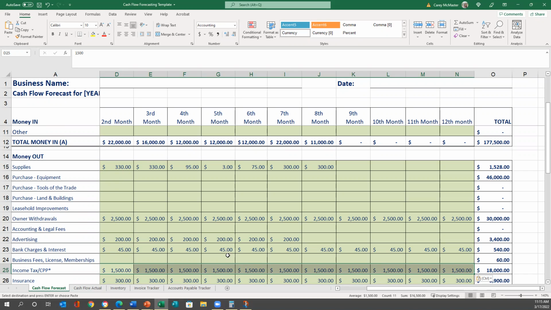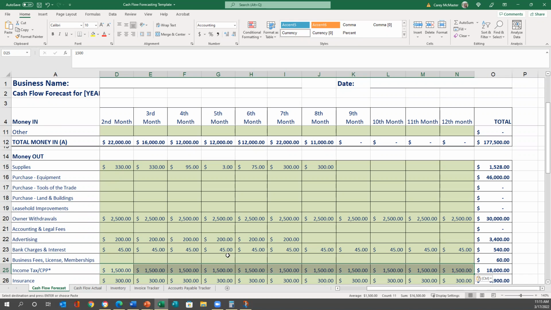And how I use that to manage my cash flow is when I invoice clients and I collect the HST, I put that into the savings account. And then every month I put in what I anticipate I would have to pay monthly for my income tax and CPP into this account. So I call this savings account my CRA account.